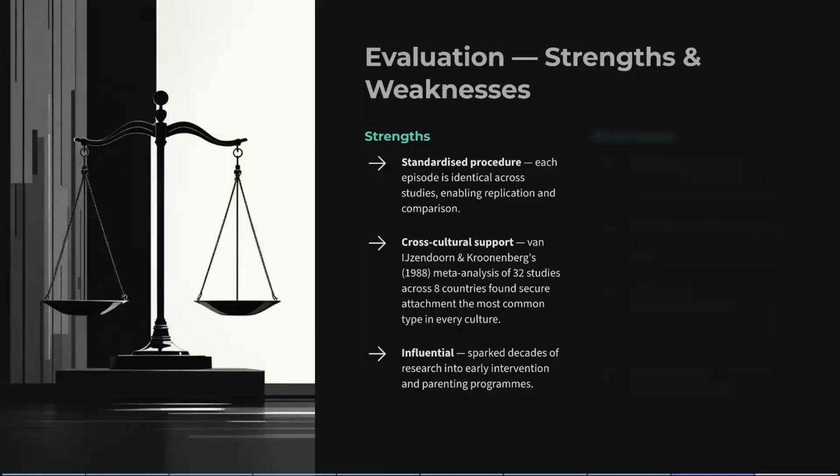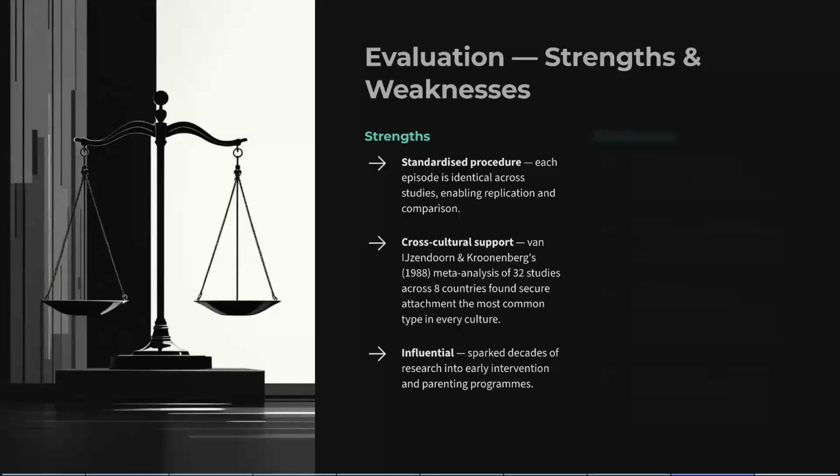The second and most important strength is cross-cultural support, notably from van IJzendoorn and Kroonenberg's 1988 meta-analysis. This is your primary evaluative study for this topic, and you need to know it precisely.